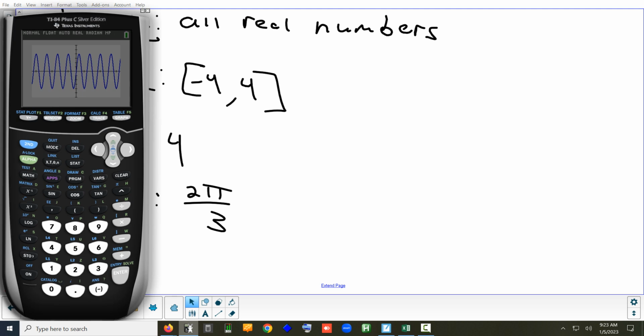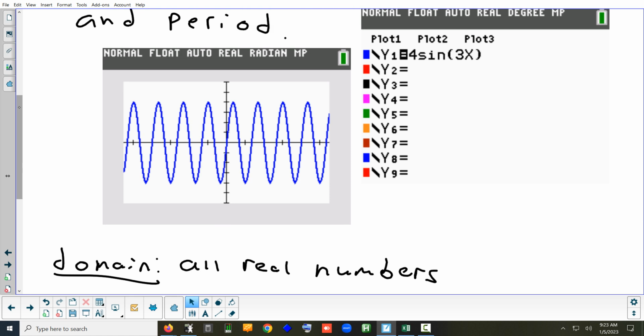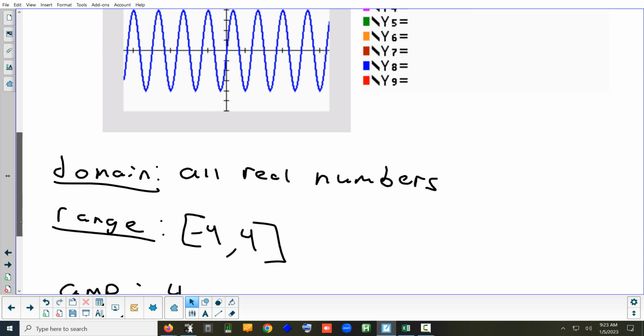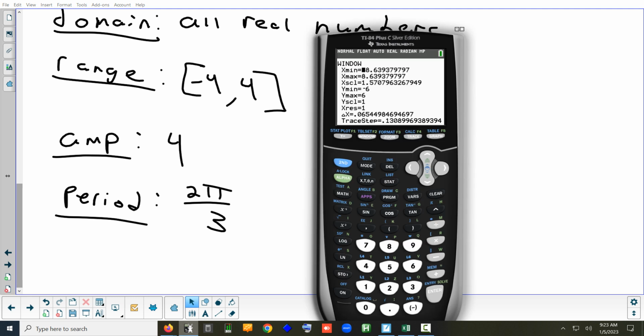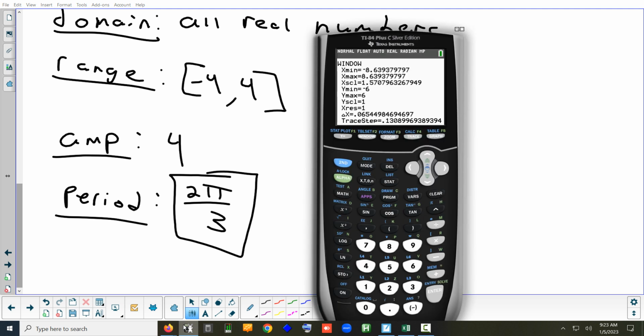So if you wanted to graph this and only see one cycle, like here you're looking at a bunch of cycles, maybe like 7, then you need to set your window so it's exactly that many units wide. The easiest way is to start at 0 and stop at 2 pi over 3.